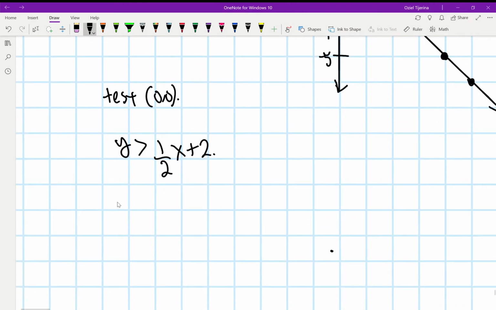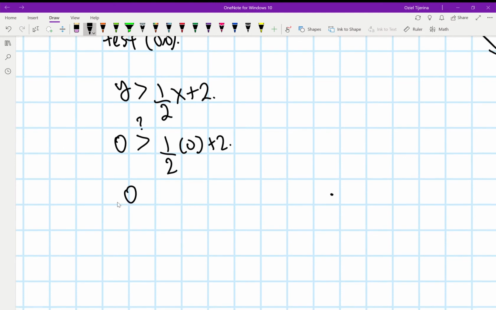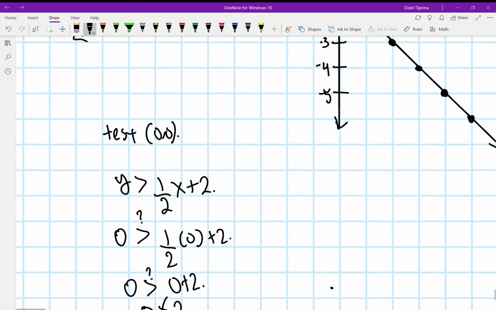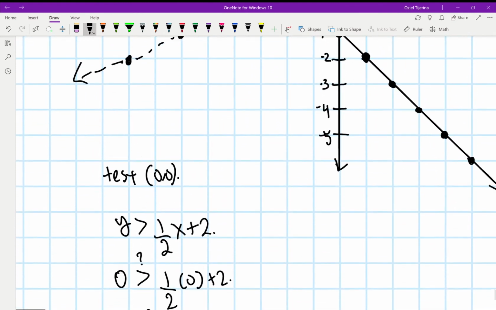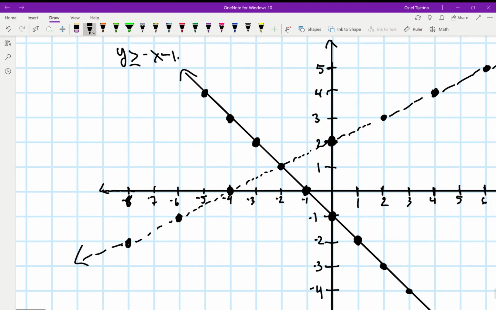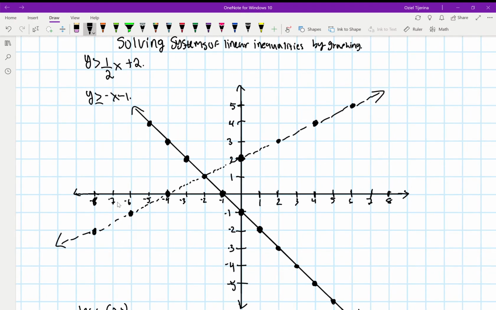Okay, so we're going to do 0, and then a question mark. Is that greater than 1/2 times 0 plus 2? 0 is greater than 0 plus 2? 0 is not greater than 2. So because it does not satisfy that solution, we cannot shade where (0, 0) is.